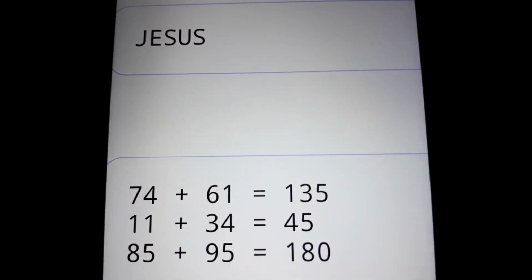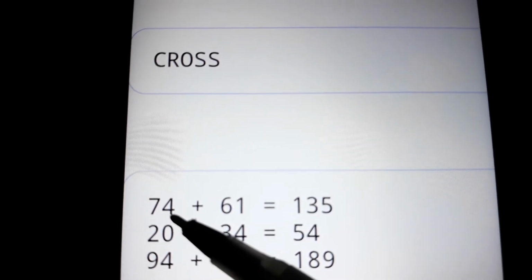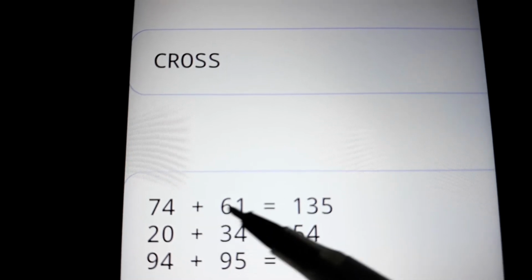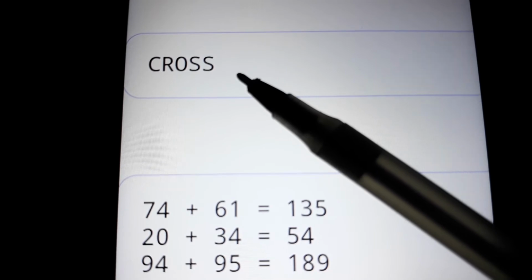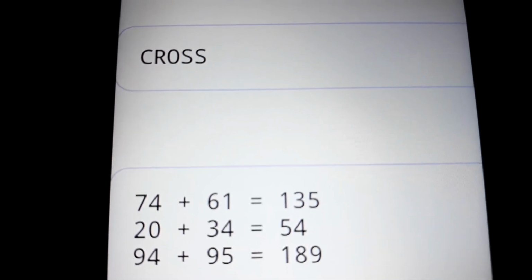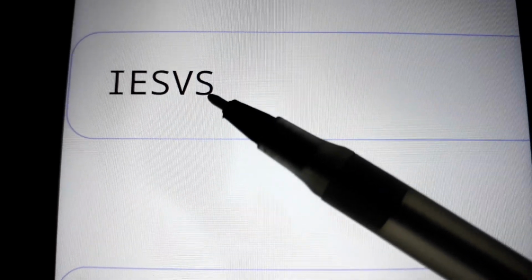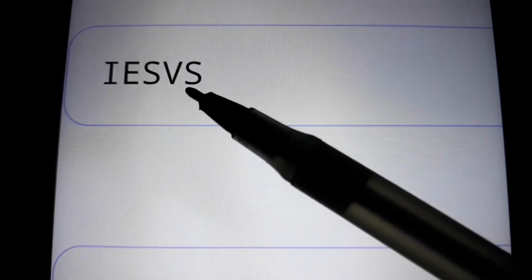Watch. The word cross, 7461. The other numbers are not the same, but just the top one, 7461. Now what is the chance that cross, because you know Jesus was crucified on a cross, 7461, you see? And even on the cross in Latin, when they wrote Jesus, look at it, it's even spelled differently than we spell it.